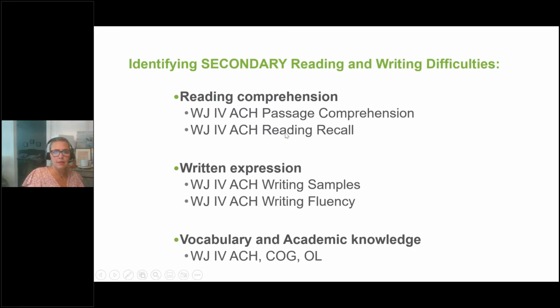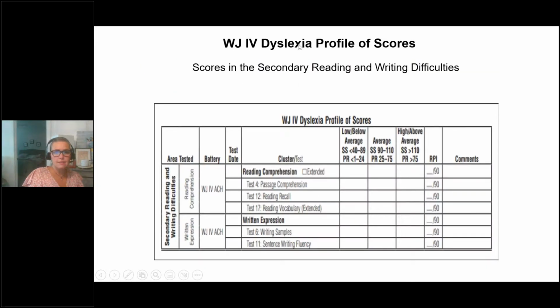And you can see for each of these areas which tests that you can pull in to measure those. And again, in that dyslexia profile of scores report, it's going to lay out your secondary reading and writing difficulties as well. So again, for reading comprehension, these are the tests from achievement that can be incorporated. Written expression, you can incorporate these tests from the WJ achievement.